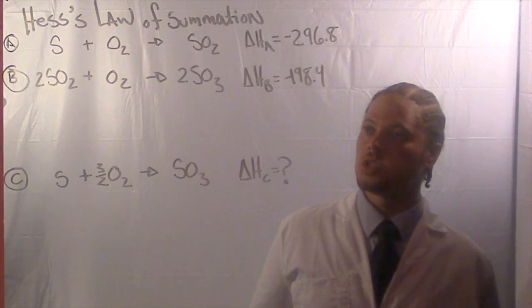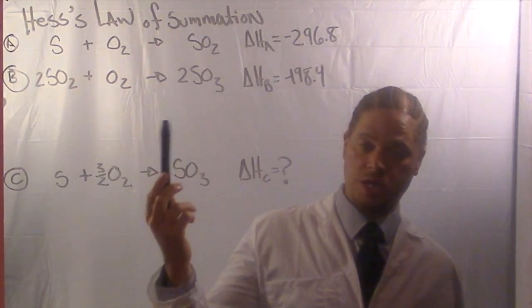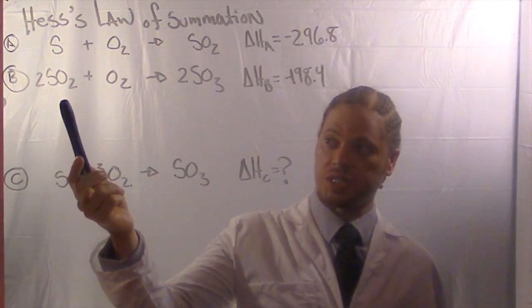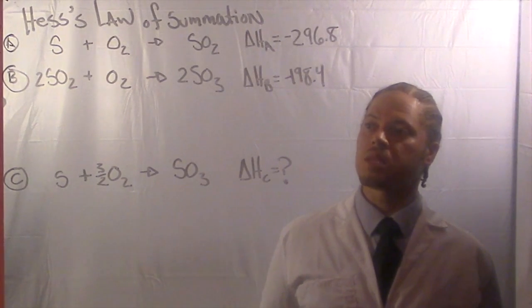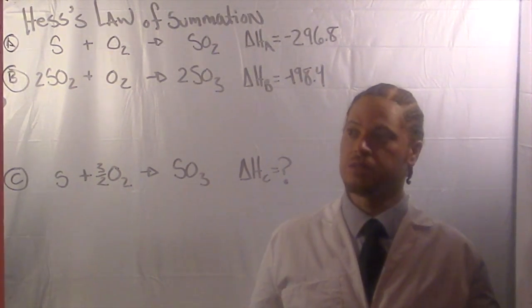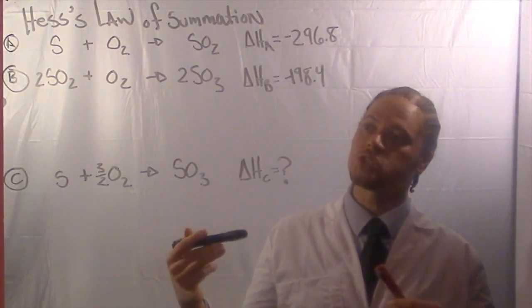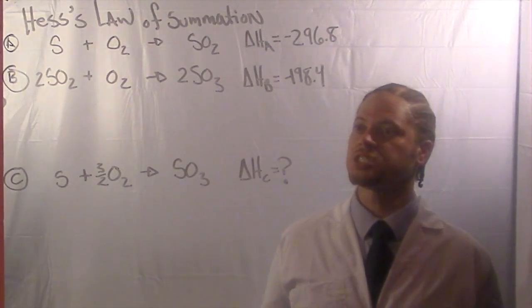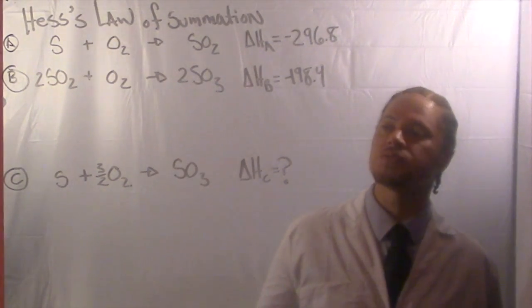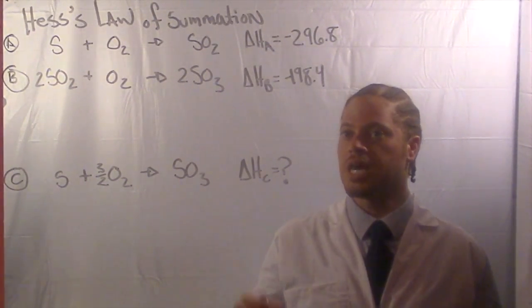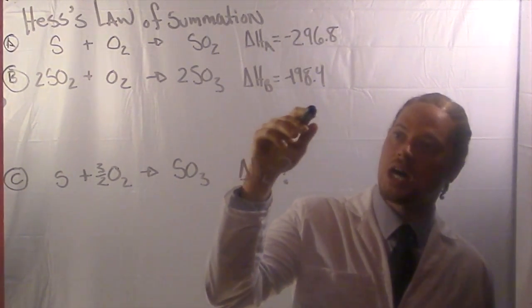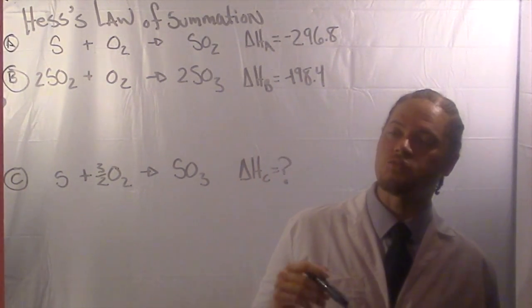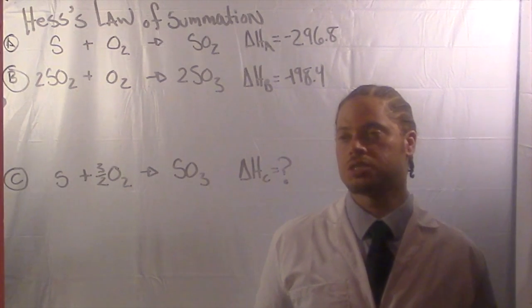Then in reaction B, 2 equivalents of SO2 plus oxygen. 2 SO2 was burned in the presence of oxygen to produce 2 equivalents of SO3, and has a change of H of negative 198.4 kilojoules.